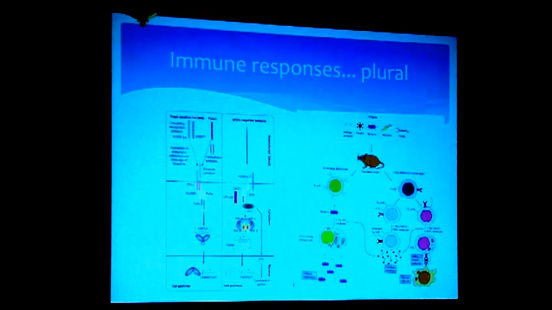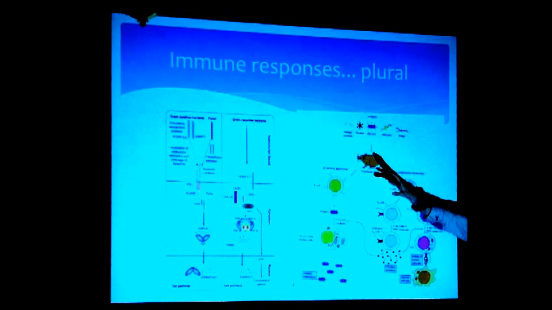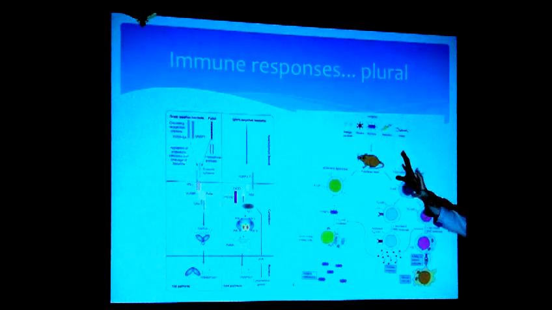This is one of these slides that you just steal out of the first year immunology book. This is the idea that, as has been said before, particularly in Steve's talk yesterday, when we're talking about immune responses, we're talking about immune responses in the plural. On the left-hand side is the invertebrate immune responses, Toll pathways, IMD pathways, and other pathways that one can add on to that.